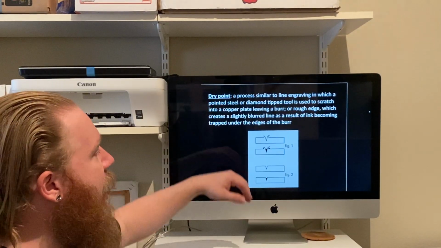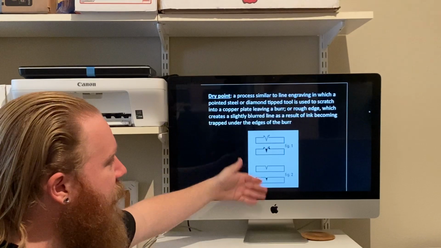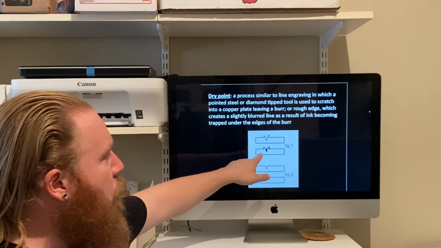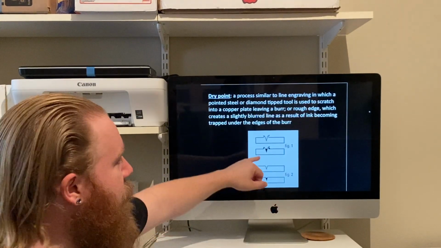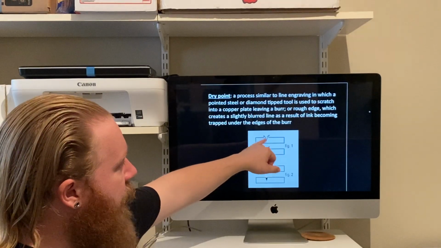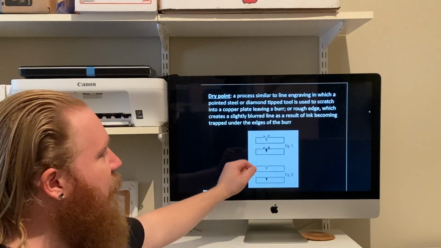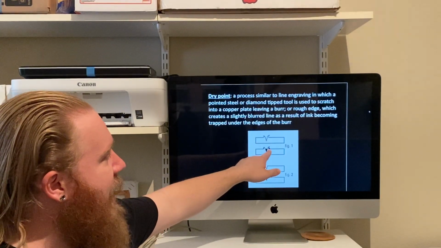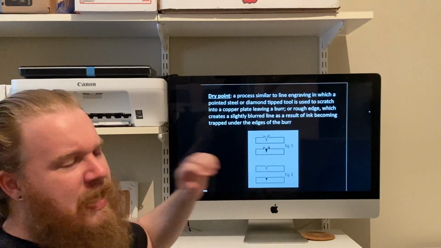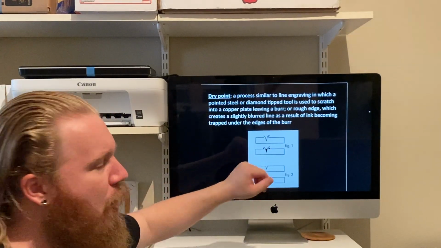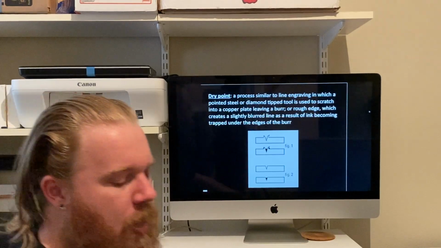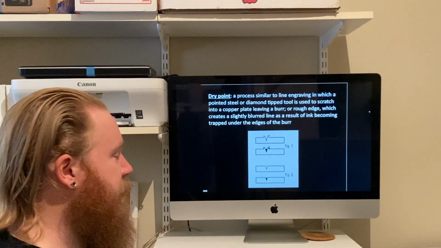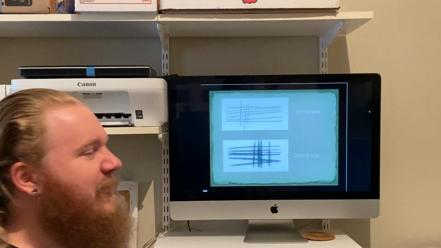Versus, say, in dry point, after we carved our image out, we would not polish the plate. So we would leave all these little burrs, from the metal being pushed out, and these would catch a little bit of excess ink, and when we pressed it, that ink would spray out from those burrs and create a softer, more blurred edged line.